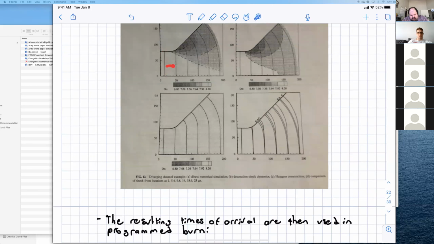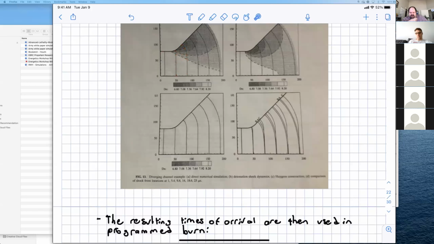After 0.1 microseconds, the surface of the detonation is here, and so you know that at all of these points, the detonation arrived at 0.1 microseconds. And then you keep on doing that, and if you do that enough times, you get an entire field of times of arrival. Does that make sense?